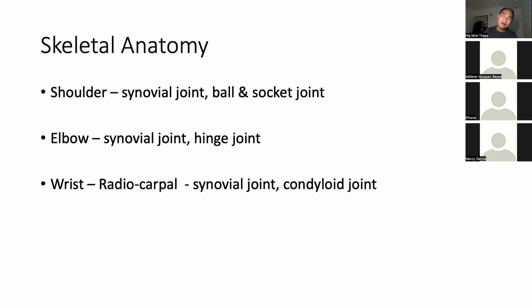And let's talk a little bit about skeletal anatomy, the bony anatomy around the shoulder, elbow, and wrist. It is just a reminder. We have talked about this in our joint lecture already. But let's say the shoulder joint is a synovial joint. By function and by structure, it is a ball and socket joint.